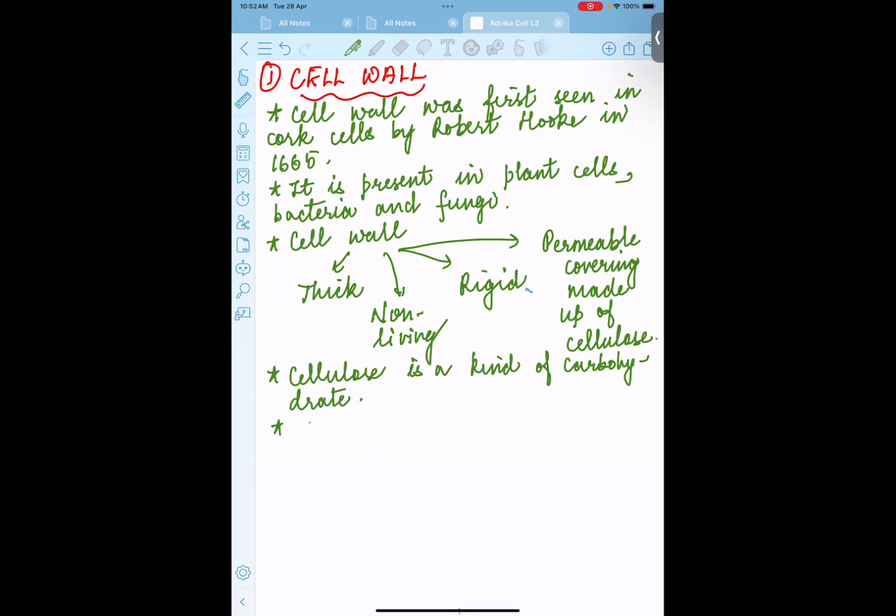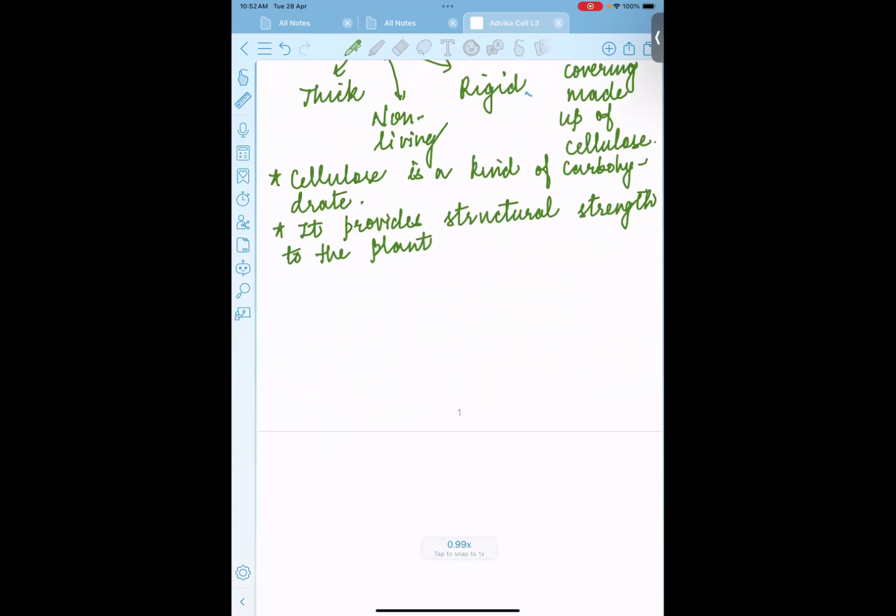Now, this cellulose which is present in them provides structural strength to the plant. So plants get their strength due to this cellulose, and this cellulose is present in the cell wall.